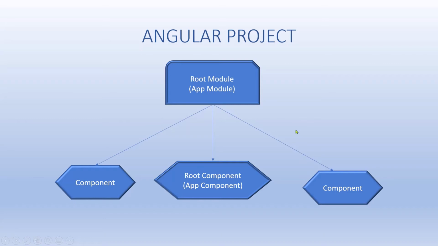Coming to an Angular project, every Angular project, when it is created, will have by default a root module and a root component. This is given to us by Angular. And the root module, as you can see here, would be referred to as the app module. The root component would be referred to as the app component. Developers can then add components, services, and modules as their application requires.